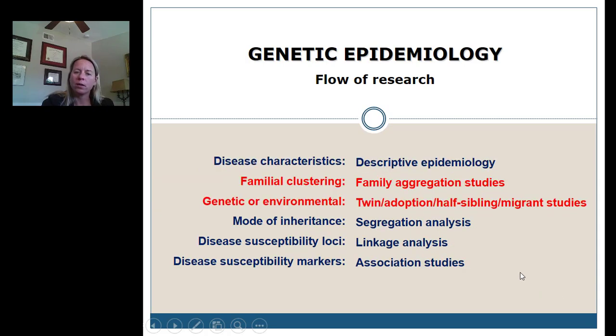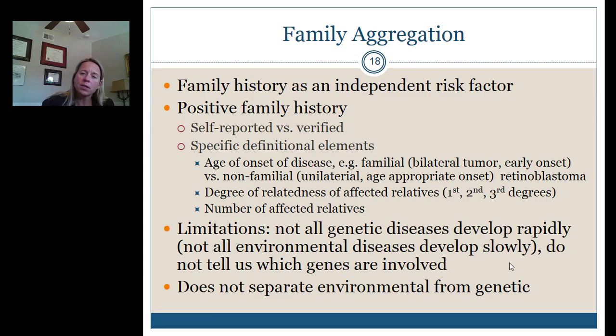Okay, so I want to first talk about familial studies or familial clustering studies. I want to talk about family aggregation as a concept when exploring genetic relationships with diseases. So we think of family history as an independent risk factor when we're performing family aggregation research.